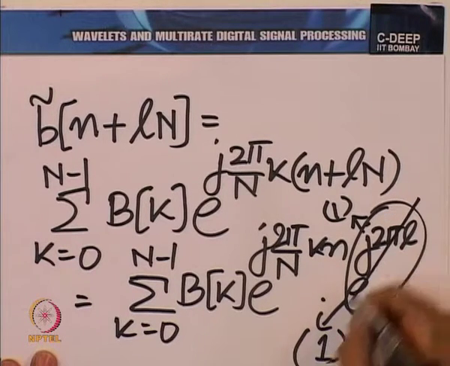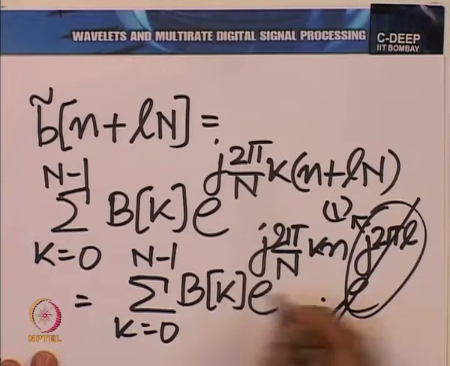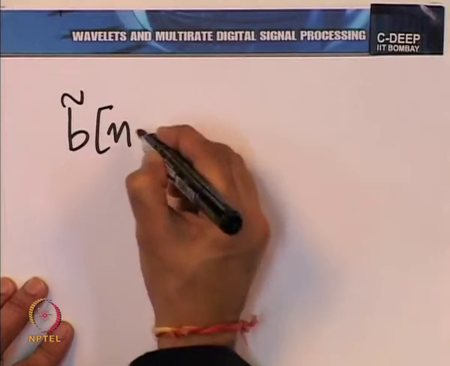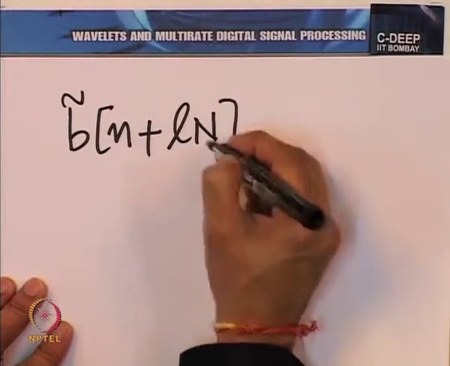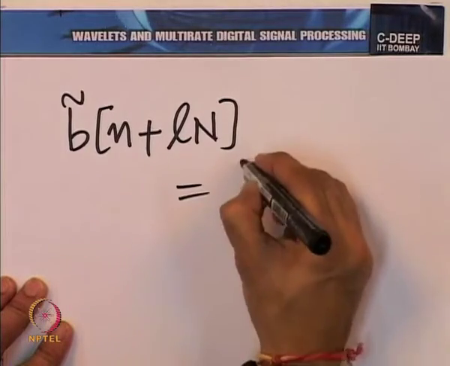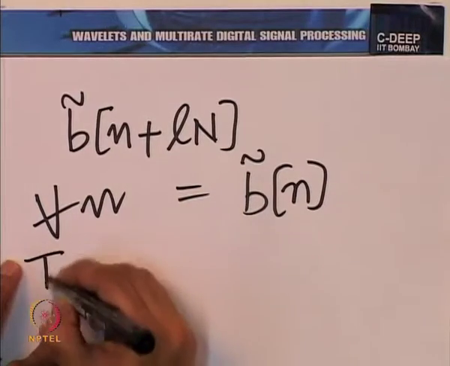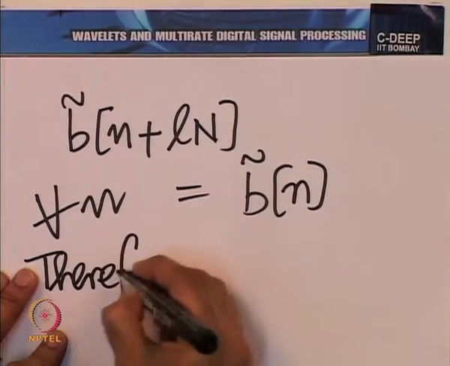So, you may remove this term and leave this, and that is the same as B tilde n. Therefore, B tilde n plus L times capital N is B tilde n for all n, and therefore periodic with period capital N.